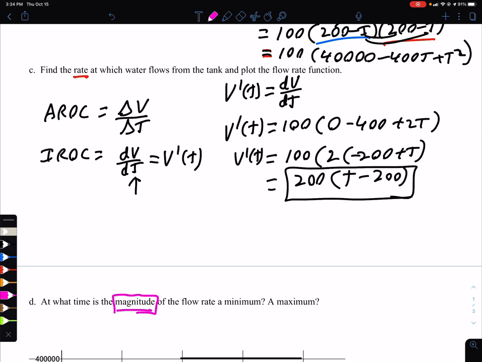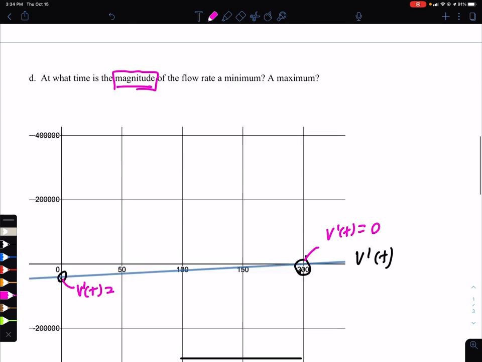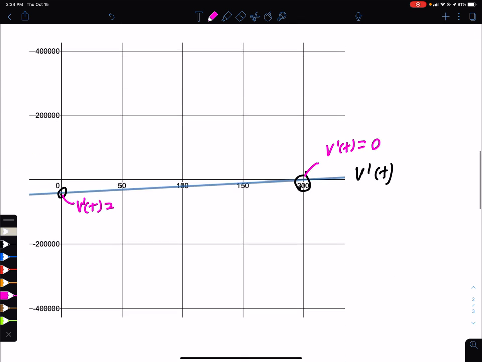Okay, I can do this. It's going to be negative 40,000. So if I had zoomed in on that spot, it's negative 40,000. But magnitude is absolute value. You don't care about positives and negatives. And this magnitude is still 0.